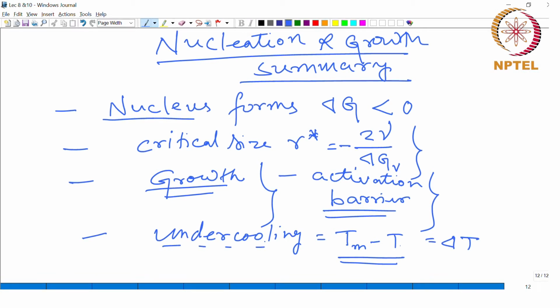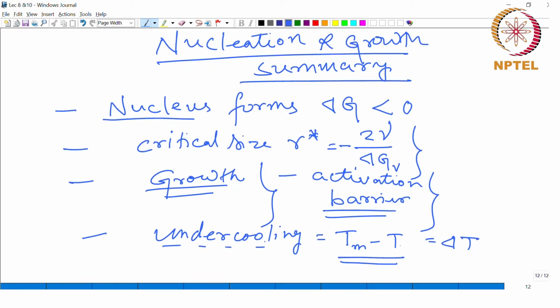So, once the liquid is undercooled, you have that driving force to overcome this barrier, and the solid will start to grow, right.